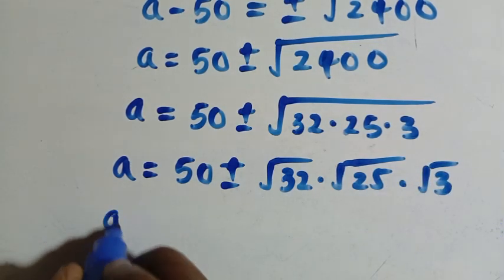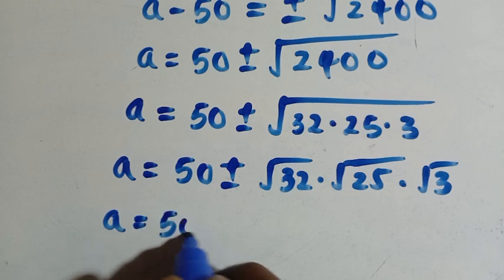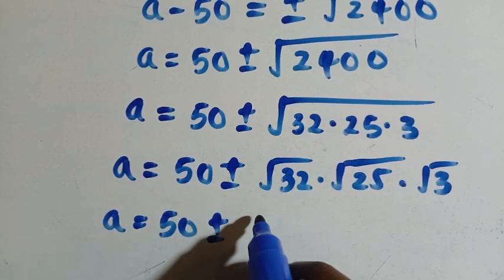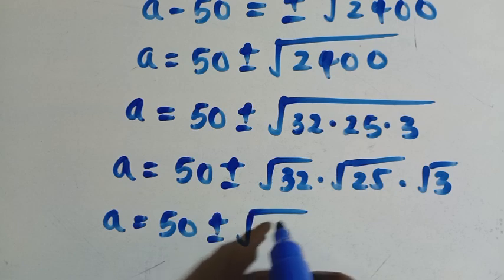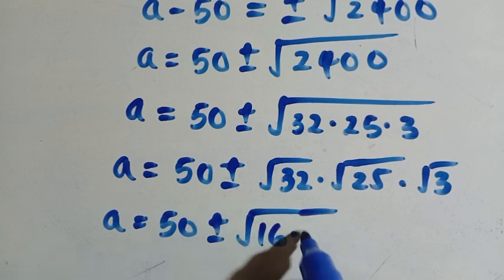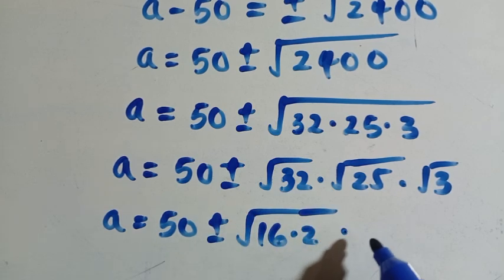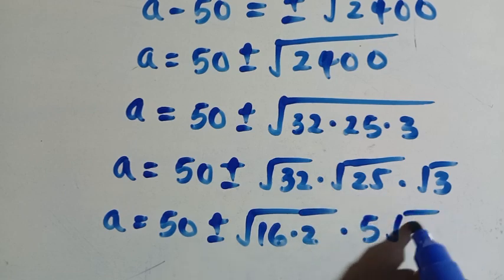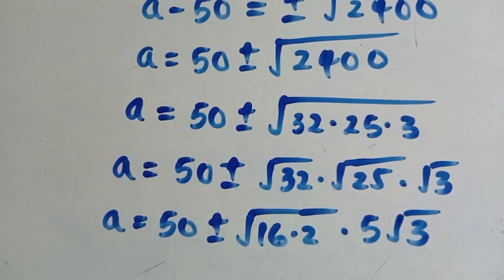And here we have a equals 50 plus or minus square root of 32, suppose I write it as 16 multiplied by 2, multiplied by square root of 25, that is 5, multiplied by root 3.